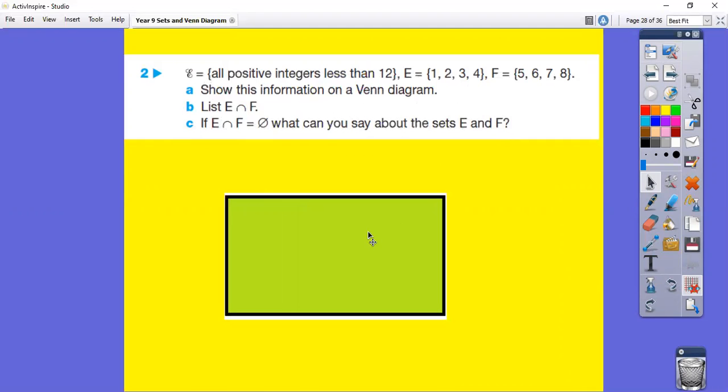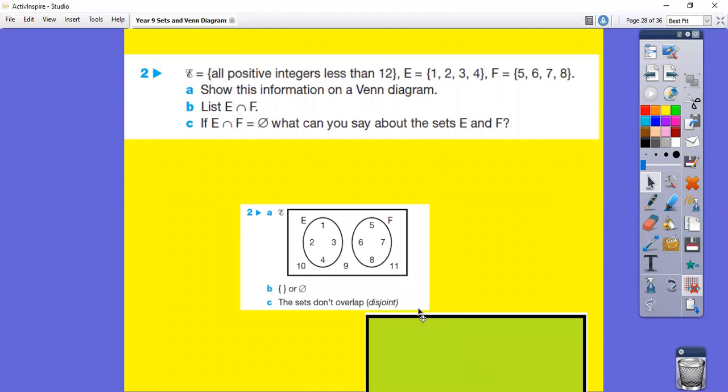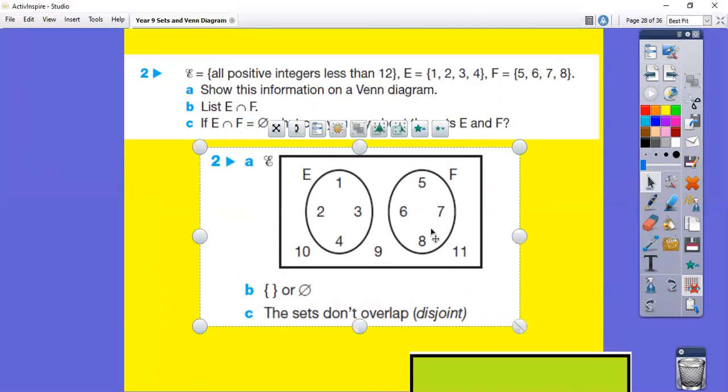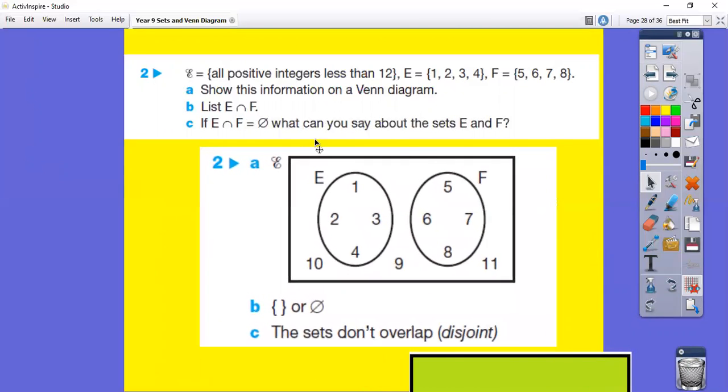So again, going through this question, we can say that here's our universal set with both of the sets together. Sets E and F don't have anything in common, so there's no overlap between the two. So set E has elements 1, 2, 3, and 4, and set F has elements 5, 6, 7, 8.